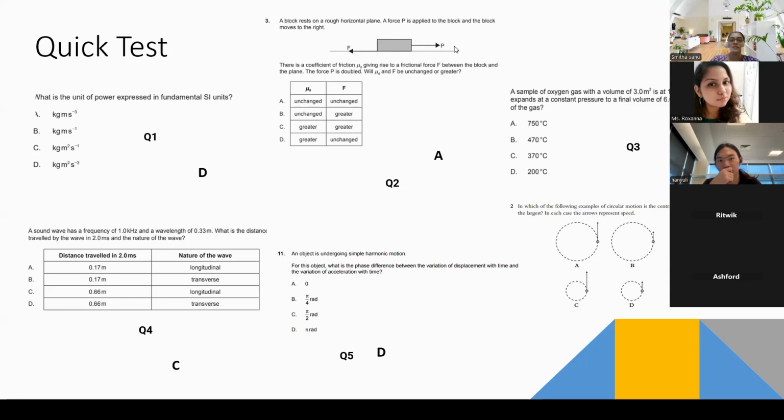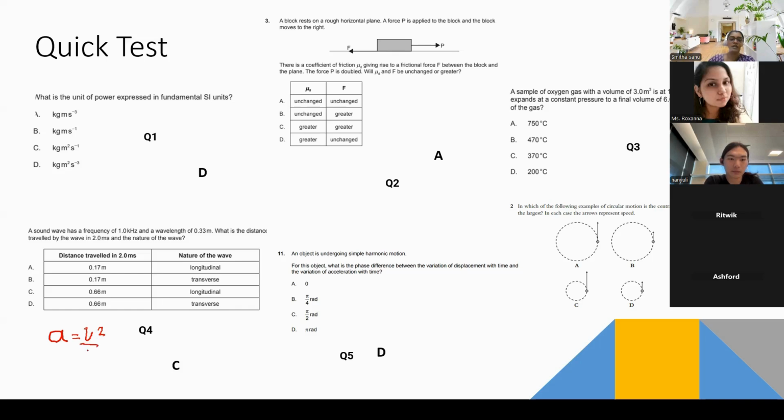Any change? Ash, would you like to change your answer from 6A? 6A is not right because acceleration is inversely proportional to radius. A bigger radius will give you a smaller answer. Okay, I'll help you here. What I was telling was A is equal to V square over R. So more the velocity, more the acceleration.